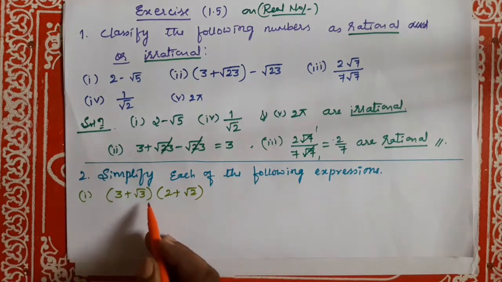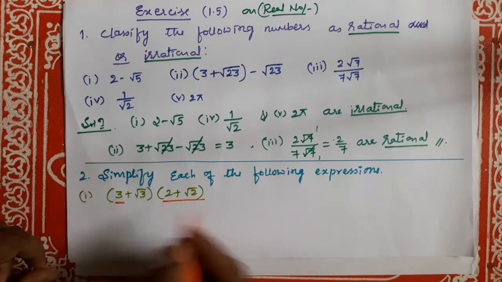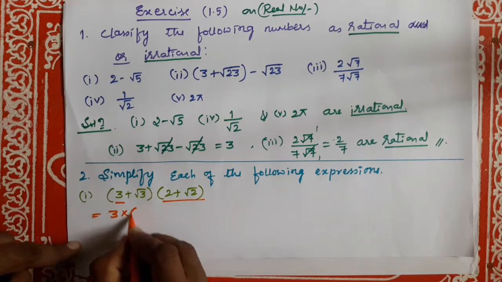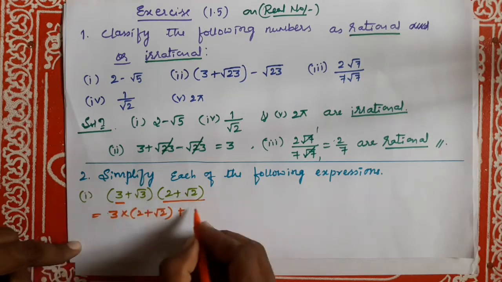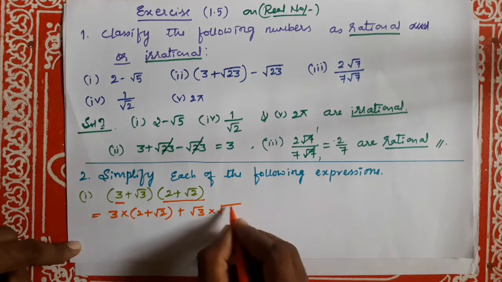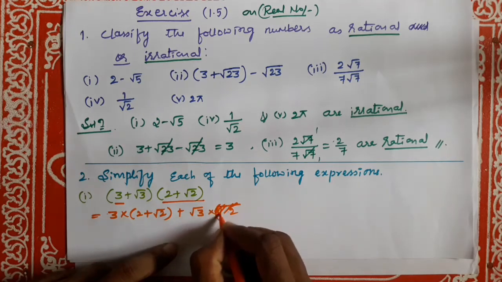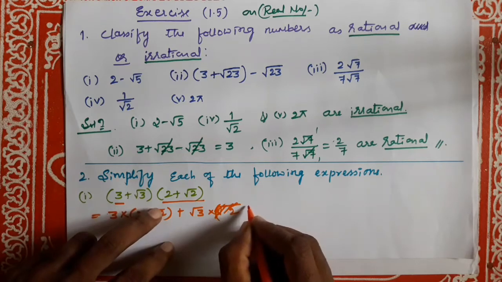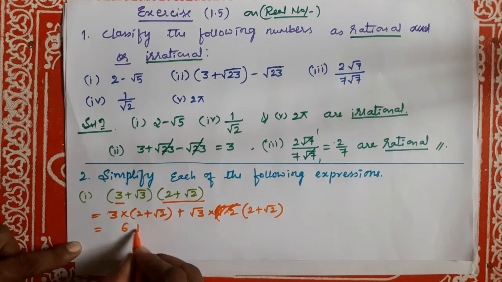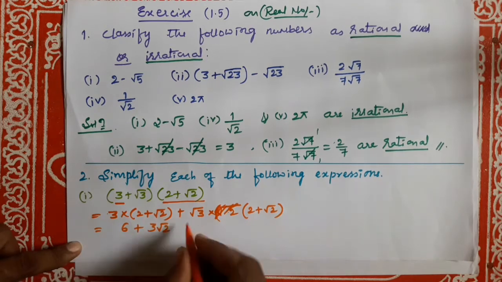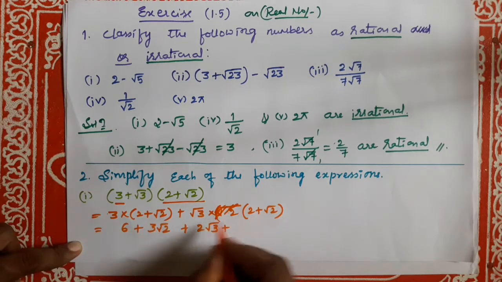First question, we have (3 plus root 3) into (2 plus root 2). 3 into (2 plus root 2) plus root 3 into (2 plus root 2). 3 twos are 6, plus 3 root 2, plus 2 root 3, plus root 3 into root 2.